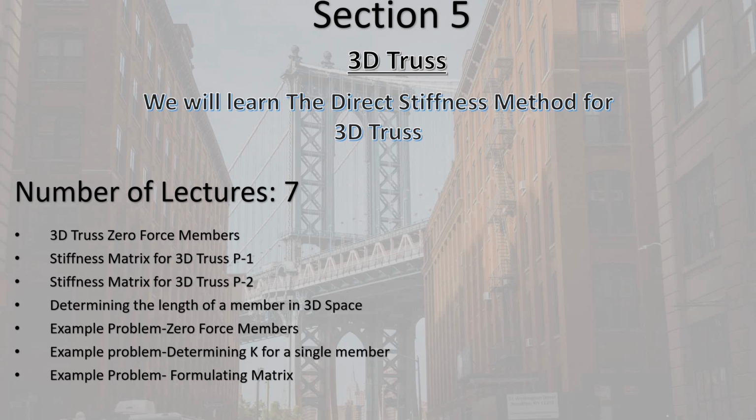And we're also going to take a look at an example problem, and the example problem is actually divided into 3 lectures. In the first example problem lecture, we're just going to be determining the zero force members of a 3D truss, and in the second part we're going to be determining the stiffness for a single member, and then in the third part we're going to see how we can determine the stiffness for all of the members and how we can easily formulate the matrices for a 3D truss without the use of any software or any programming languages.